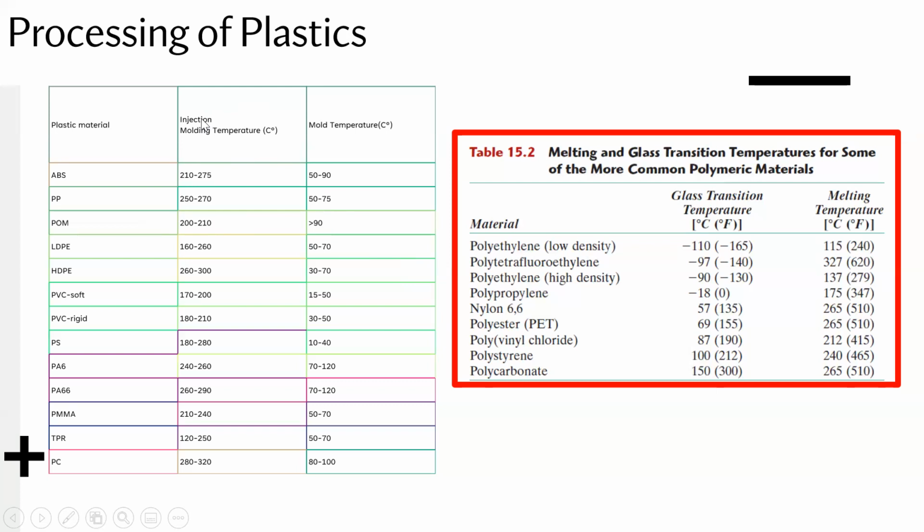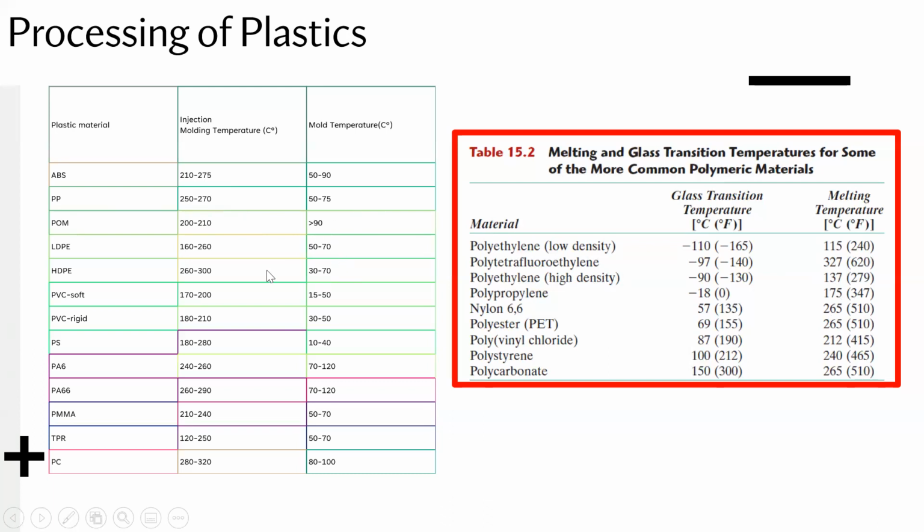They have differences, as I'll explain, but this temperature is where you want to be for the material to easily deform and go into the shape that you want it to. So for polypropylene, you have 250, which is way above its 175 melting temperature.